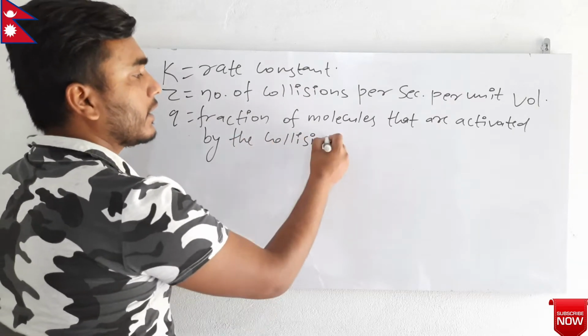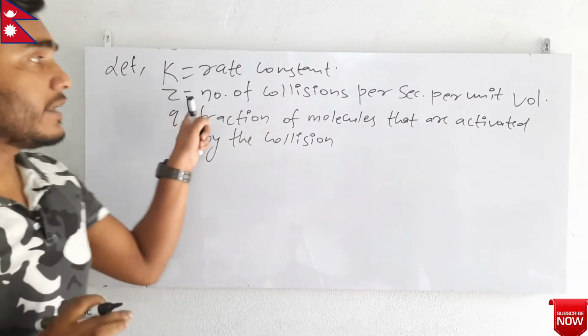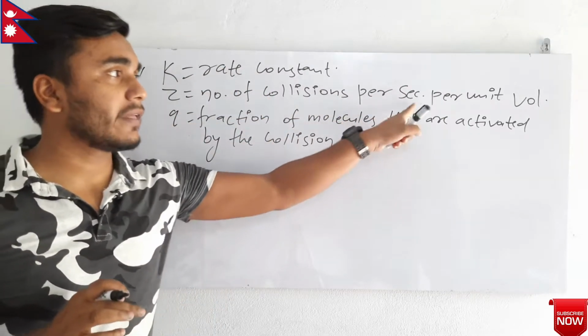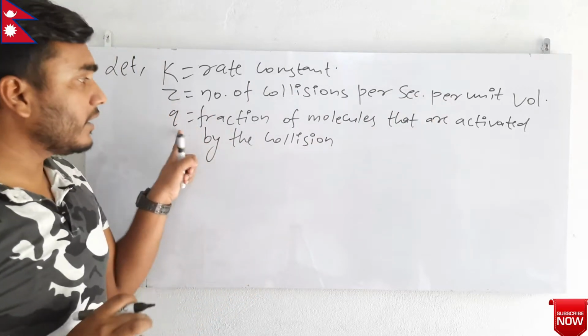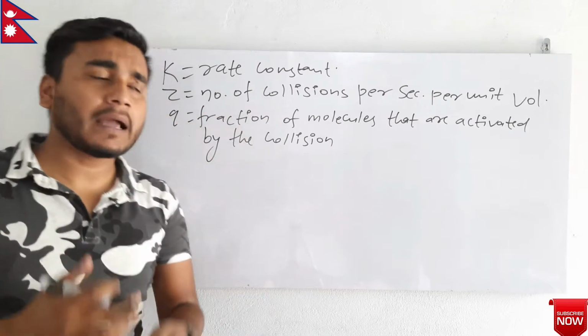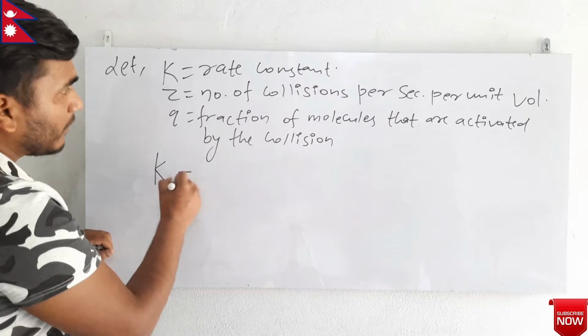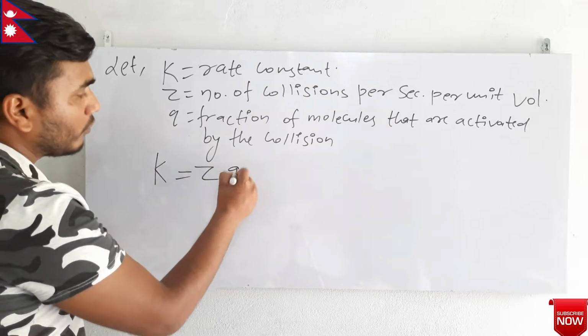If we consider these three things, that is K is the rate constant, Z is the number of collisions per second per unit volume, and Q is the fraction of molecules that are activated by the collision, then we can write the rate constant will be equal to Z into Q.